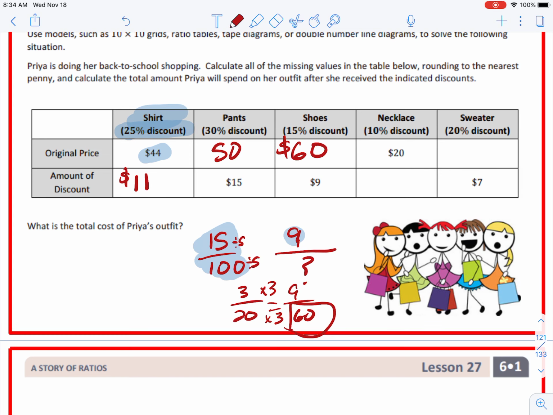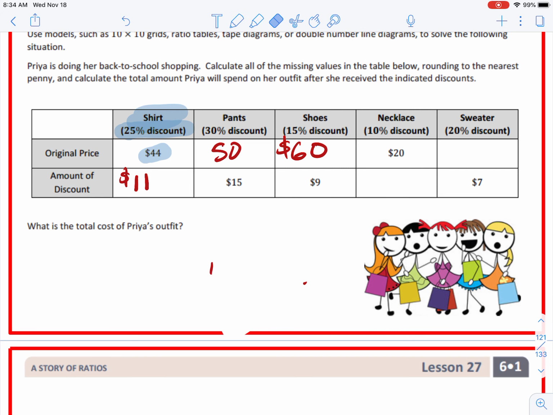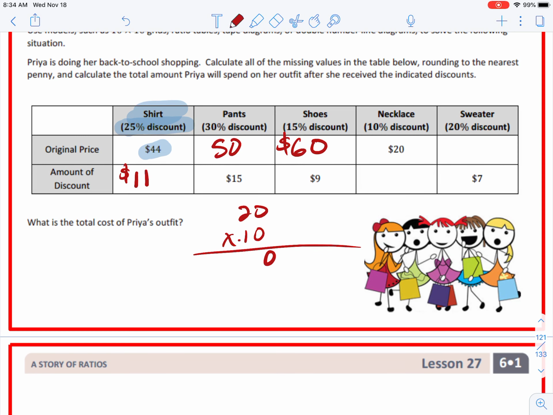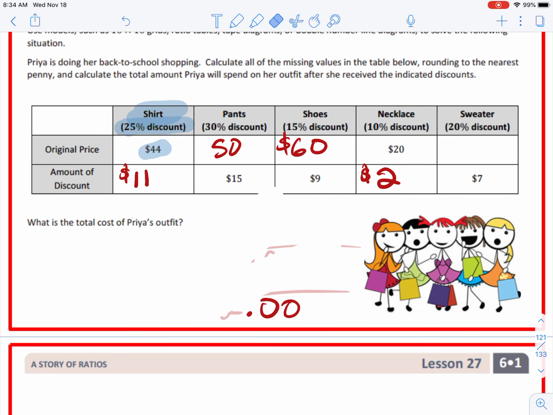Okay. The necklace, 10% off, and its original cost is $20. So I'm going to do $20 times 0.10, because 0.10 is 10% as a decimal, and we get this. There's 2 spaces after the decimal, so I add that to my answer, and the discount for 10% off a $20 necklace is $2. Now the last one, $7.